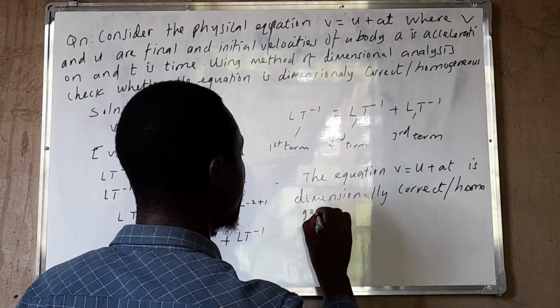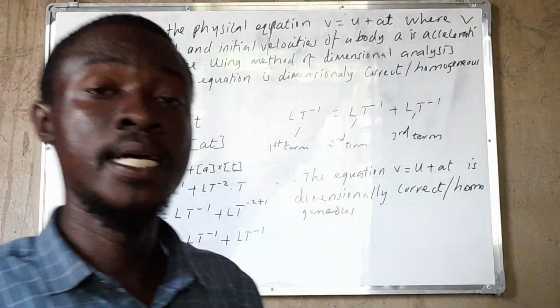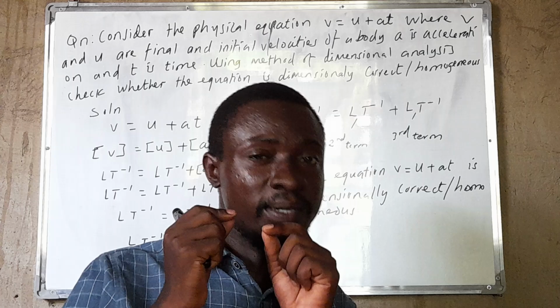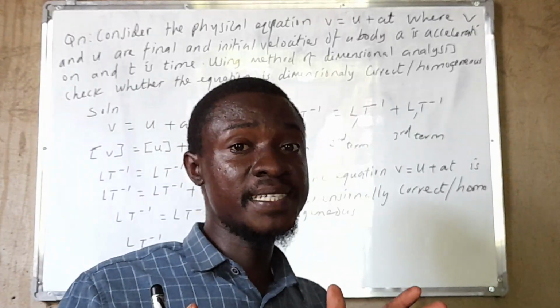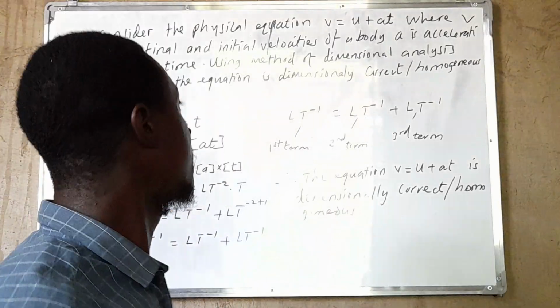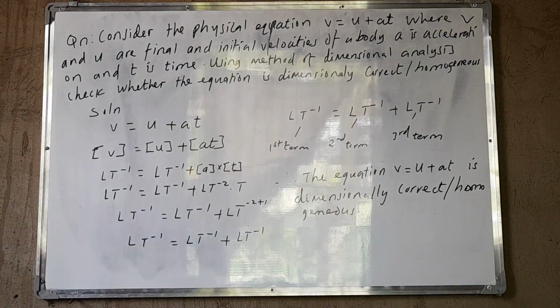This is based on the principle of dimensional homogeneity, which states that an equation is said to be correct if all terms on either side, left and right, have the same dimension. This is what the lesson today is about: checking the correctness of equations, and it is governed by the principle of homogeneity.